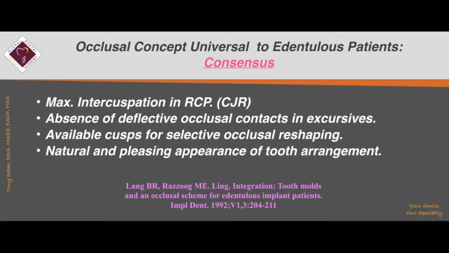You also have to have some kind of available cusps for selective occlusal reshaping. Remember that you're dealing with acrylic. Acrylic, when you bake it, is going to shrink a little bit. So you have to do a little bit of selective occlusal adjustment during the placement of these dentures in the patient's mouth. And in the end, they have to have a good, natural and pleasing appearance for the tooth arrangement that you are creating.